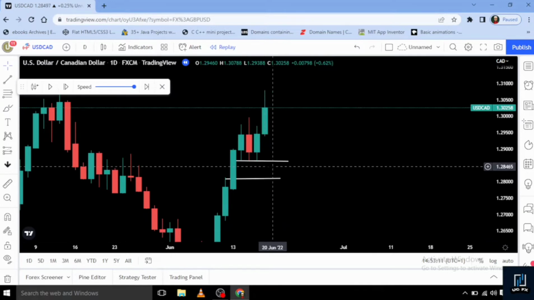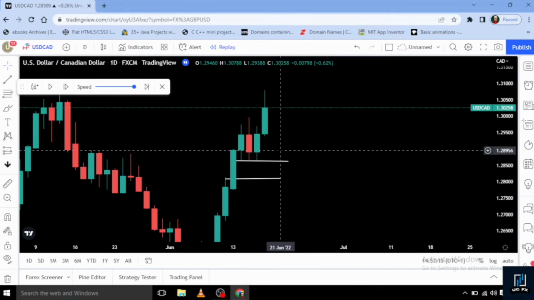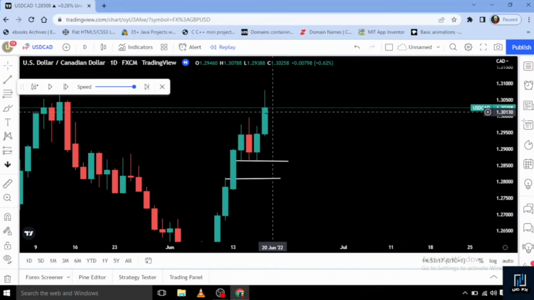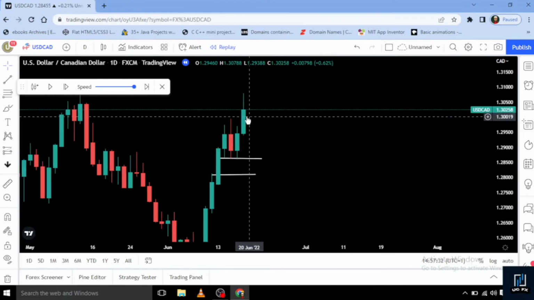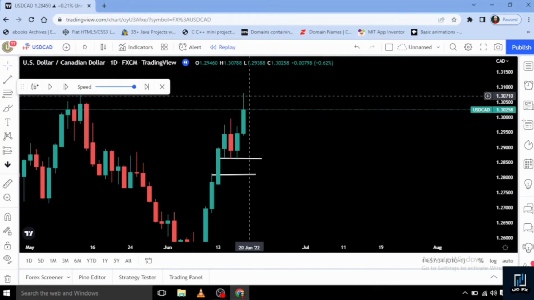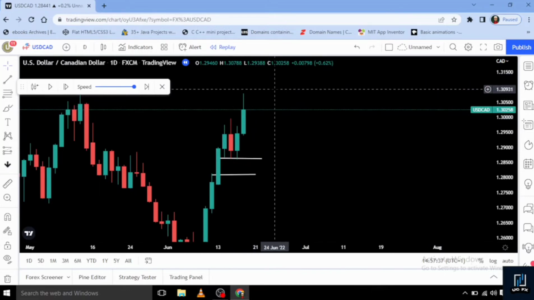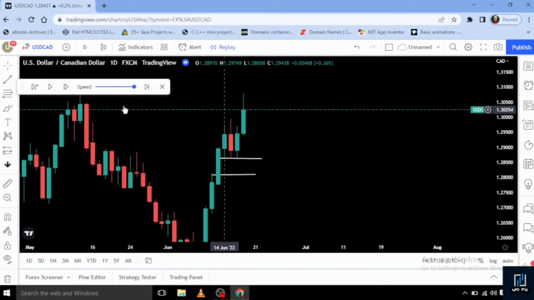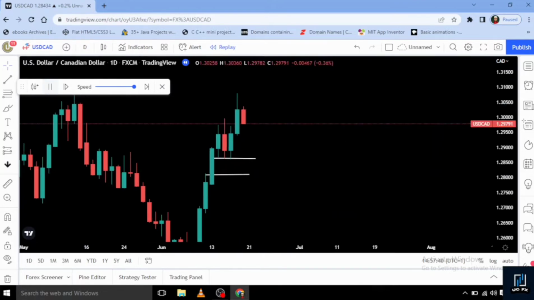So the institution would seek for fair valuations at these areas in the future. So they would come back to it in the future to test it and continue pushing price in their intended direction. So they do stuff like this.